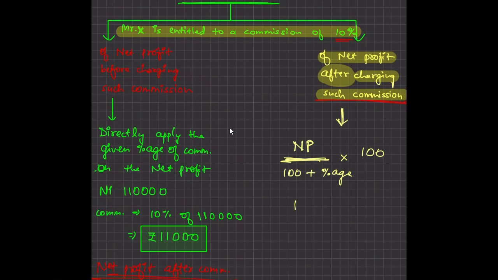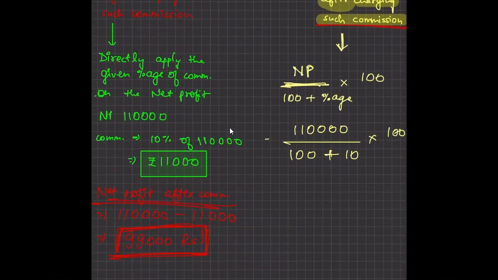In our scenario, the net profit was 1,10,000. We will divide it by 100 plus the percentage of the commission, which was 10%. So 100 plus 10, multiplied by 100. That is 1,10,000 divided by 110 multiplied by 100.